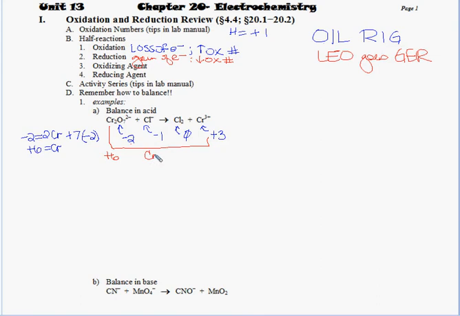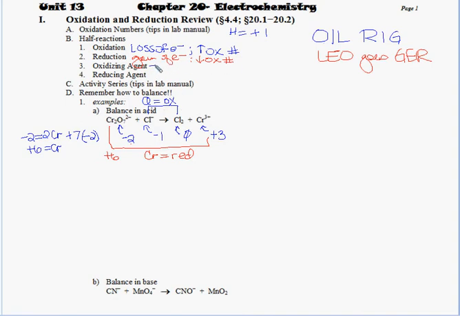So we can see that the chromium is in fact being reduced. At the same time, you can also see that the chlorine, having gone from -1 up to 0, is telling us that the chlorine is being oxidized.